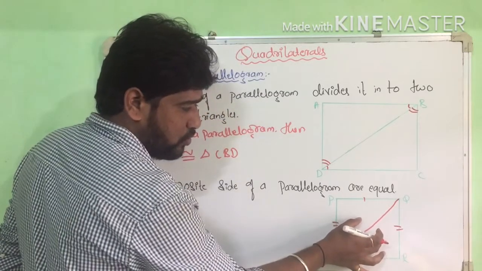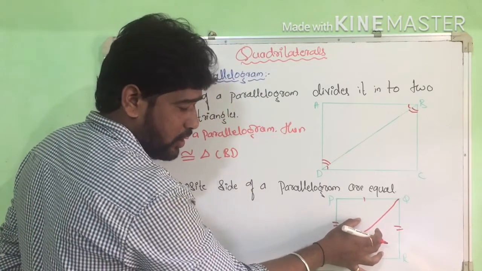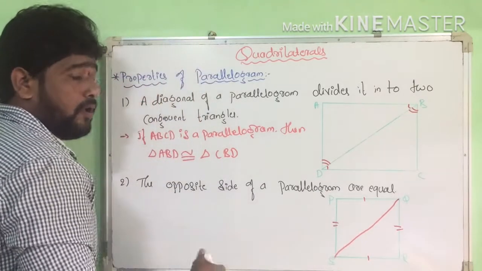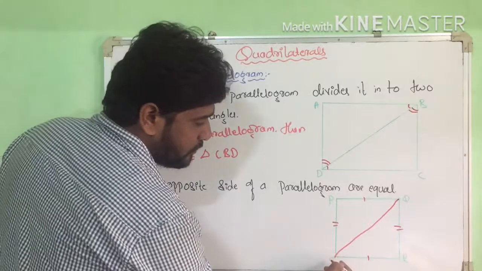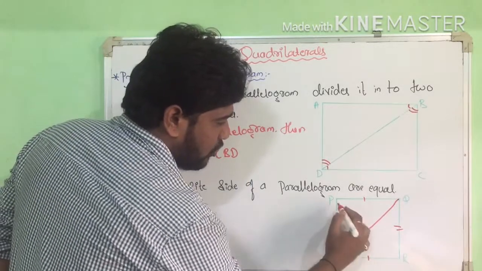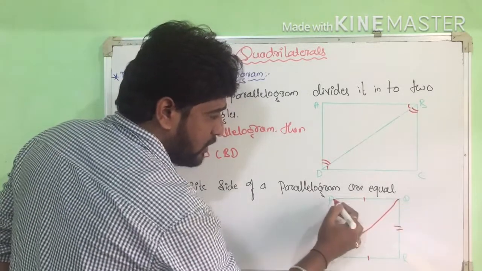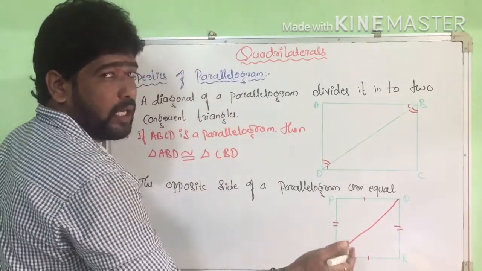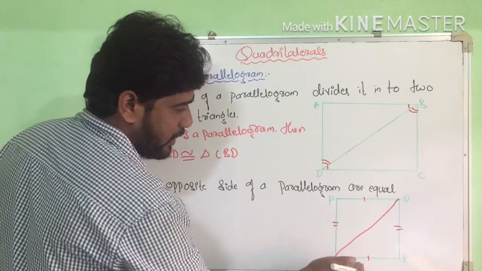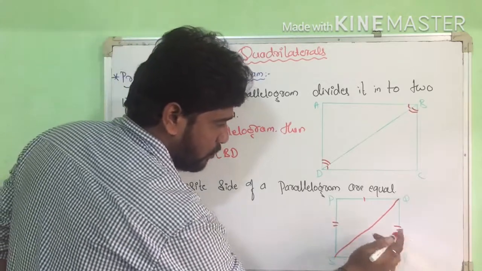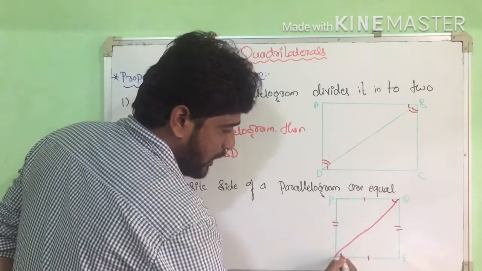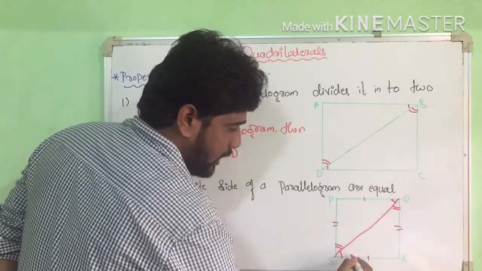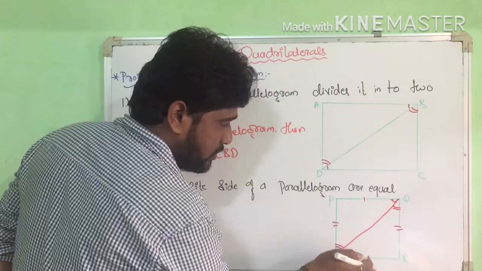Already we proved that these two triangles are congruent to each other. So these two triangles are congruent, which means by CPCT, SR is equal to PQ and PS is equal to QR, by CPCT, corresponding parts of congruent triangles. Here the corresponding parts are these two and these two, because the corresponding angles are equal, so the corresponding sides are these two.